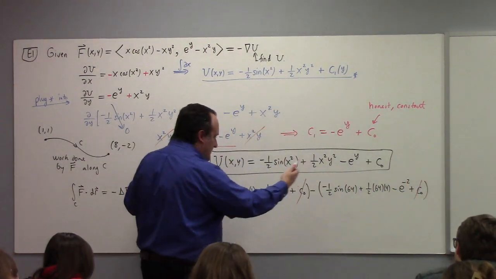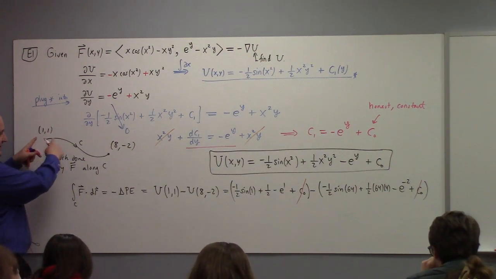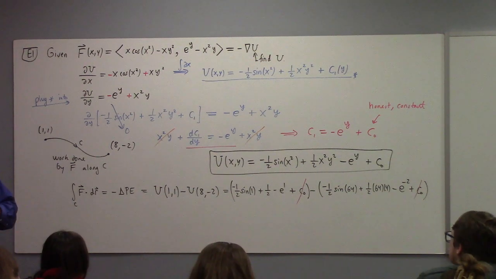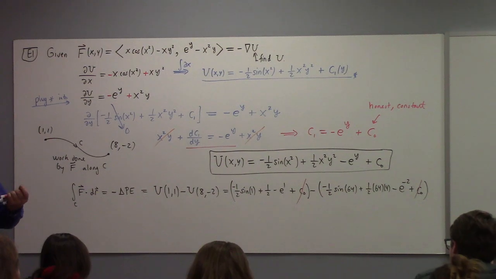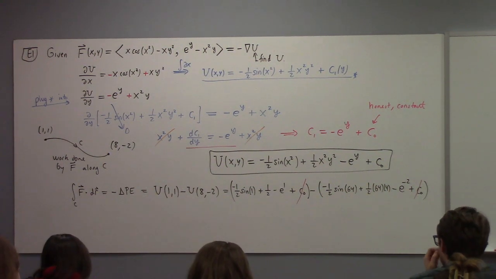So whatever this value is, that's the work done by the given force field along that curve. Now, which curve, by the way? Which curve is it from that point to that point? Did I tell you the nature of the curve? I didn't. I didn't tell you if it's a line segment or what I've pictured.